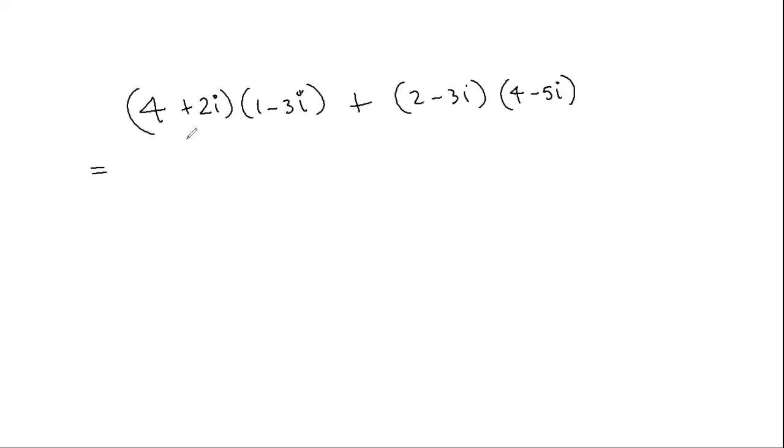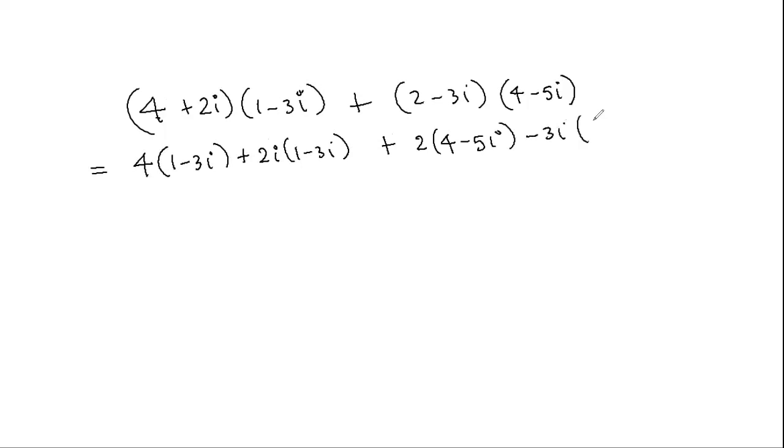Yes, sir. 4 multiplied with 1 minus 3i. 2i multiplied with 1 minus 3i. 2 multiplied with 4 minus 5i. Minus 3i multiplied with 4 minus 5i. Now open this.